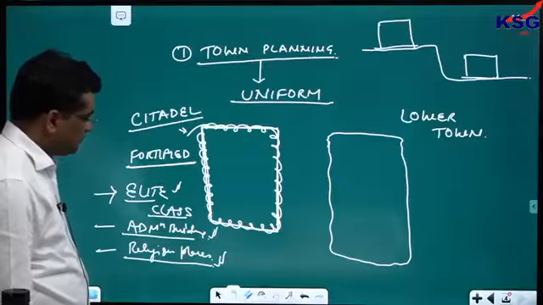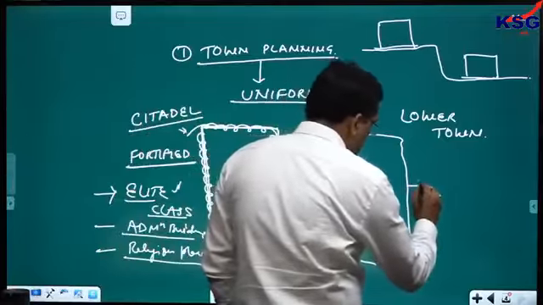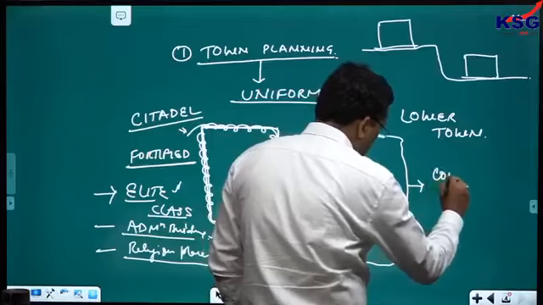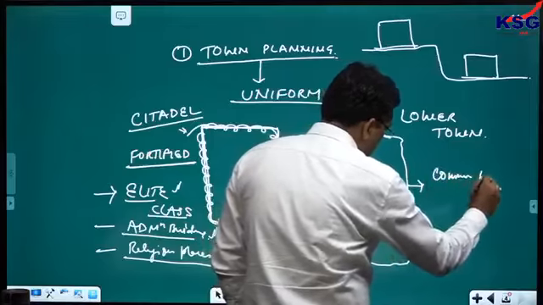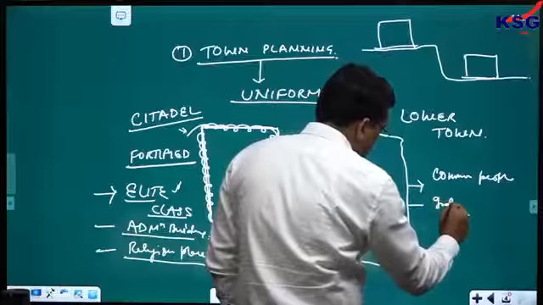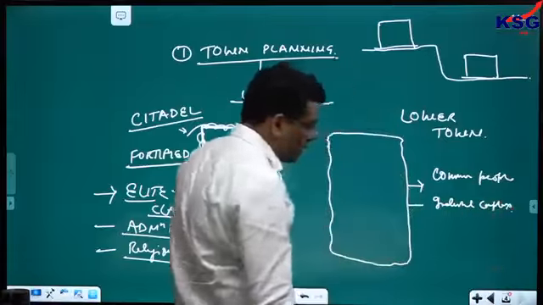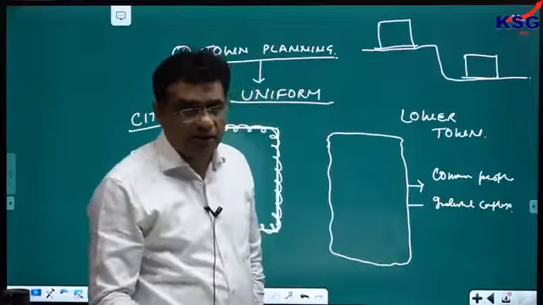And the lower town is a house meant for common people, some industrial complex, and market. I am repeating again so that you don't have difficulties in writing.